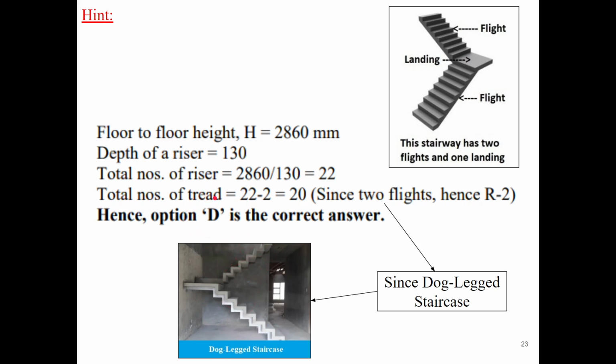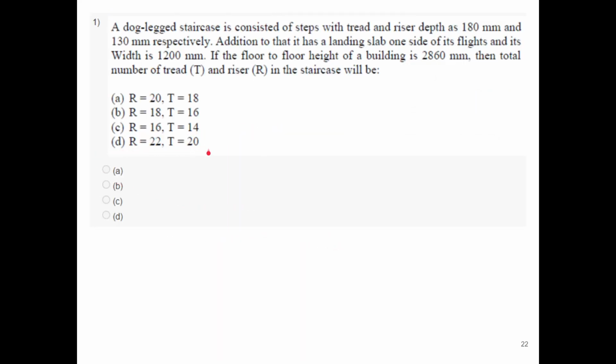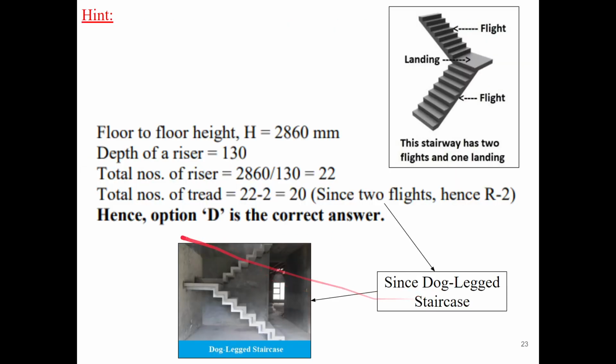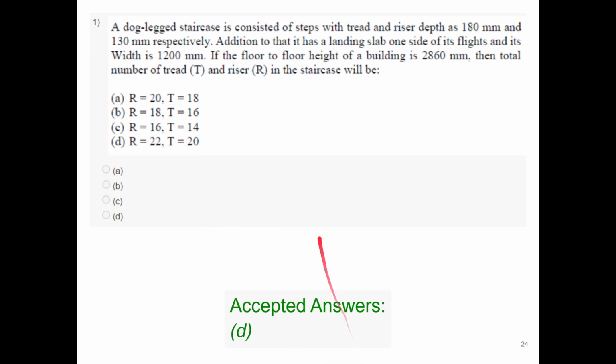For two flights, the number of treads will be the number of risers minus 2. We have to subtract 1 for each flight. So the number of treads will be 22 minus 2, which is 20. So the number of risers is 22 and the number of treads is 20. As per this, the correct option is D.